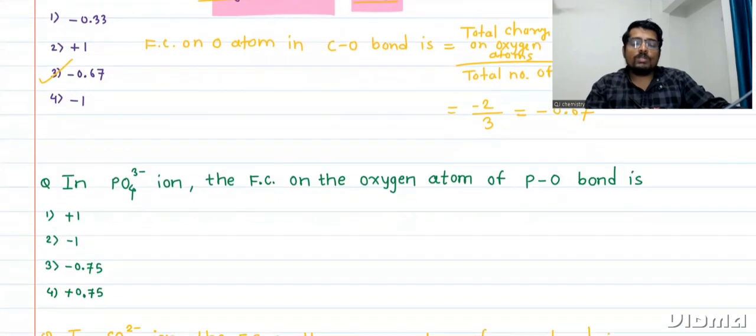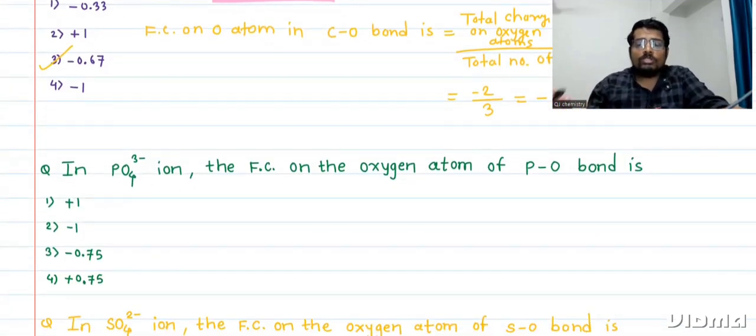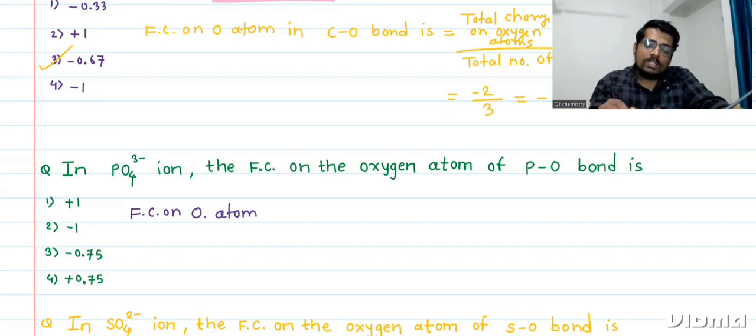In the next question, the phosphate ion is given. In the phosphate ion, here also we can use a similar type of formula. What is the formal charge on the oxygen atom in the phosphorus oxygen bond?